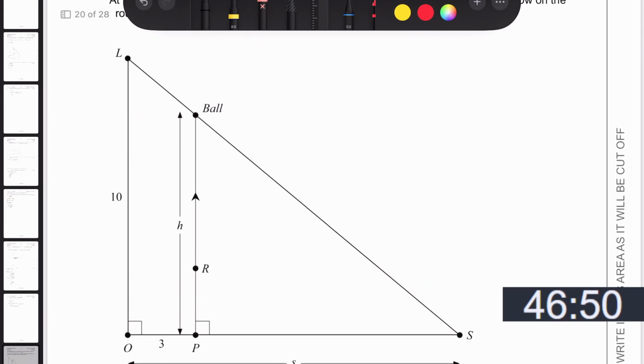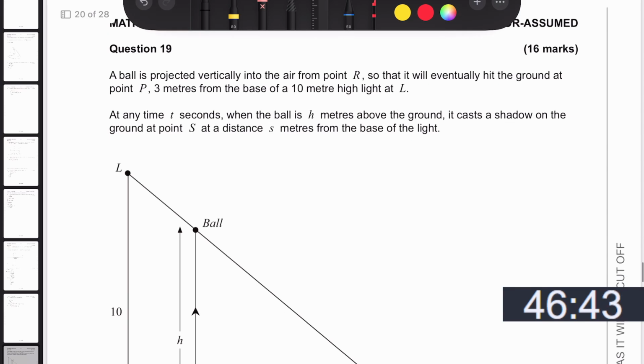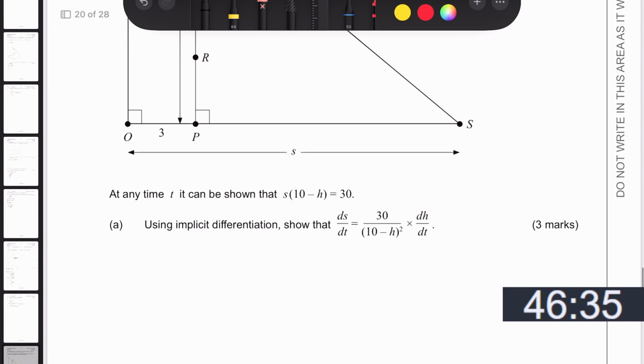Okay. From the base. At any time t seconds, when the ball is h meters above the ground, it casts a shadow at s meters. At any time, it can be shown that s times (10 minus h) equals 30. Show that ds/dt is equal to that.